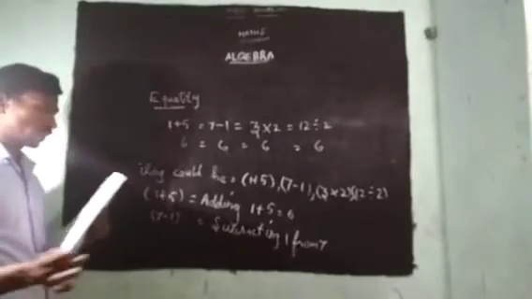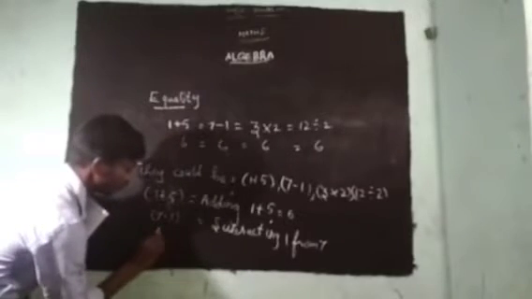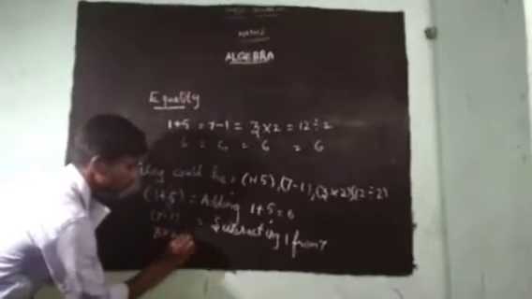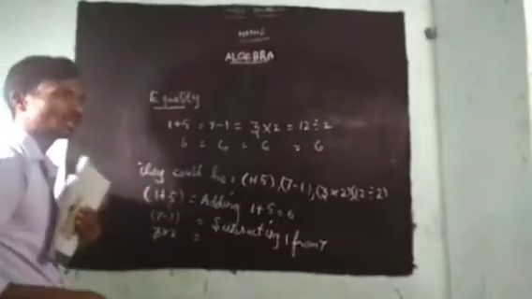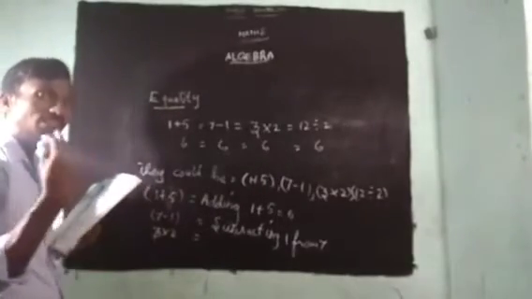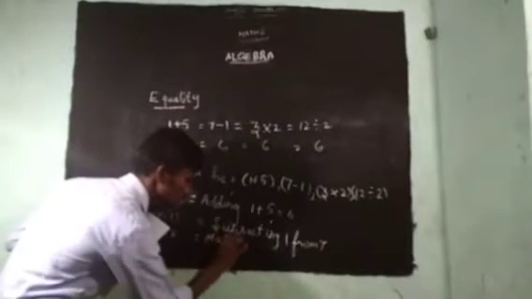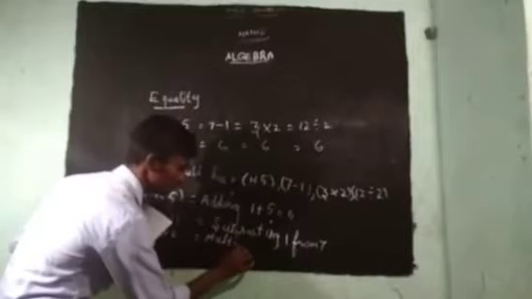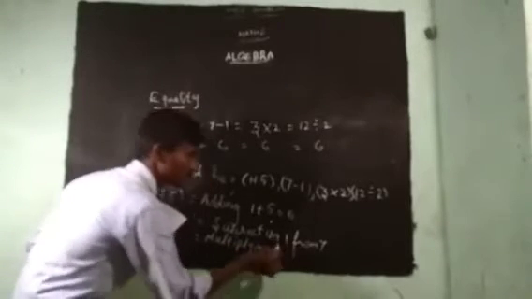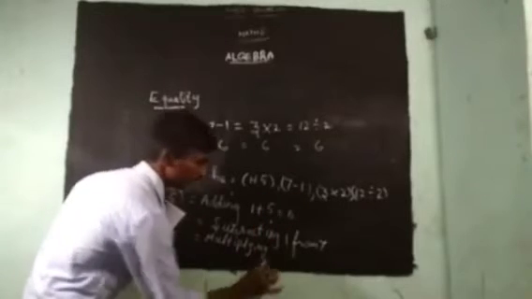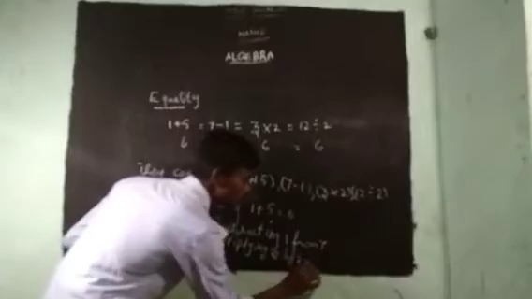Next, what is the expression? 3 into 2. Here we are multiplying 3 by 2.